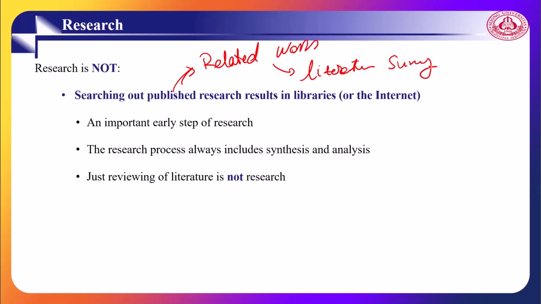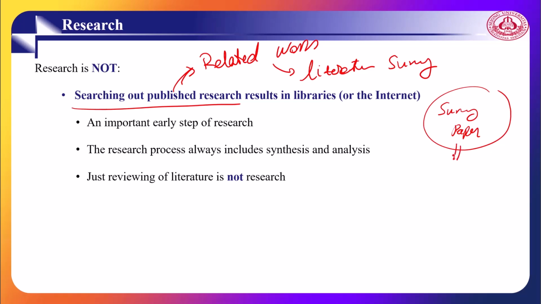So searching out published research results in libraries or on the internet is not research. You may think of a survey paper. In a survey paper, maybe 10 to 15% is literature survey, but the researcher must contribute by analyzing, evaluating, writing their own insights and understanding, taking lessons, identifying open research problems, and many other things.